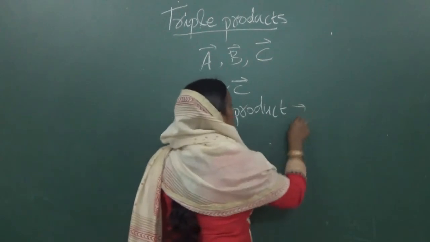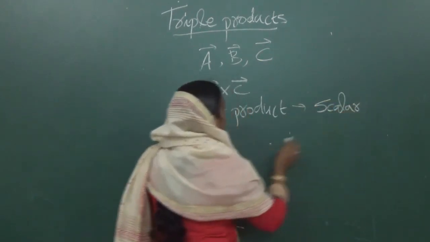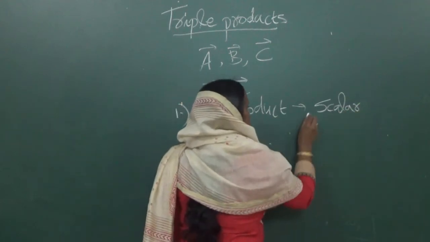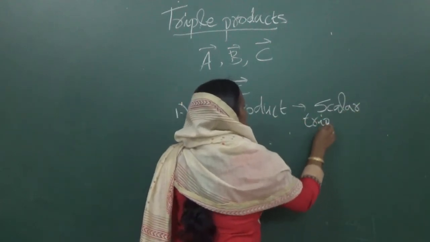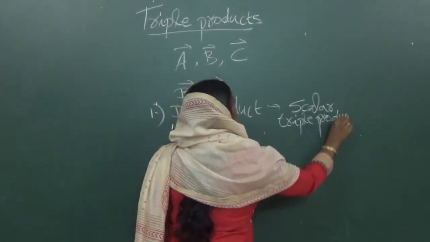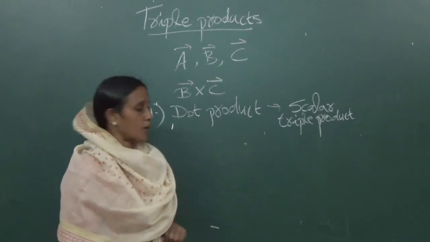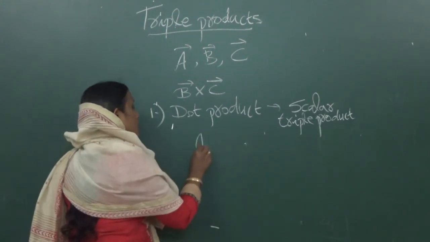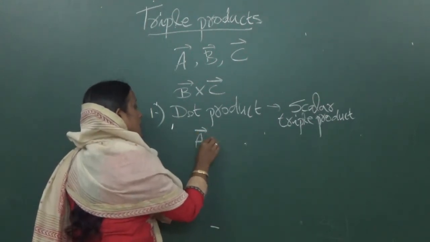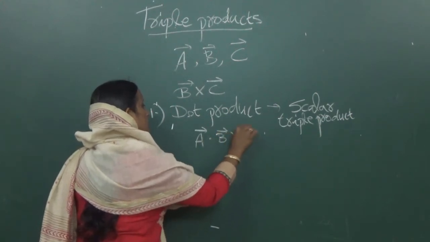This results in the scalar triple product, because here you can define this as A dot B cross C.